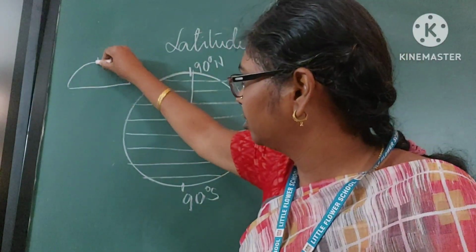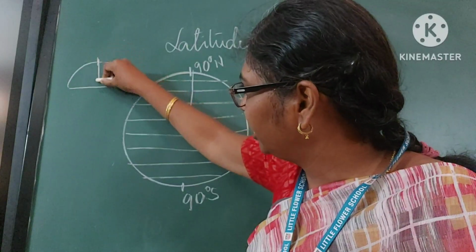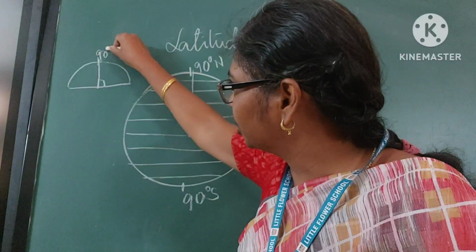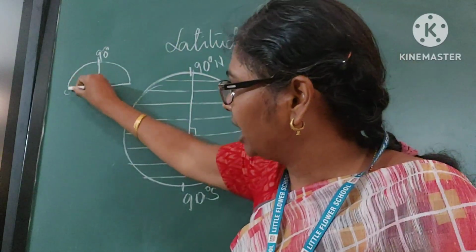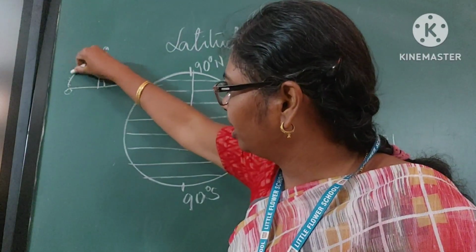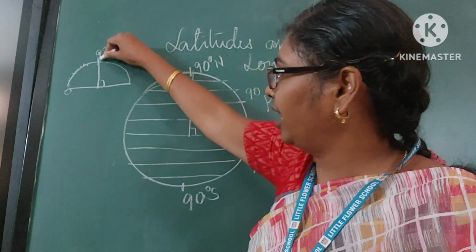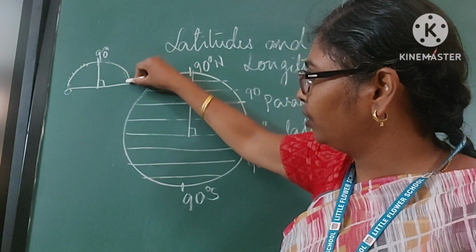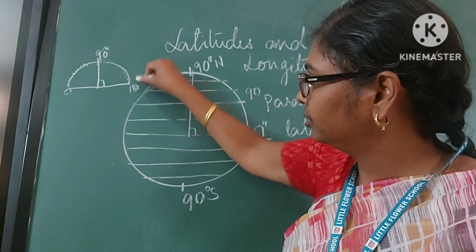So 90 degrees is the highest point. Starting from 0, 1, 2, 3 till 90. After 90 again it starts coming down till 180.